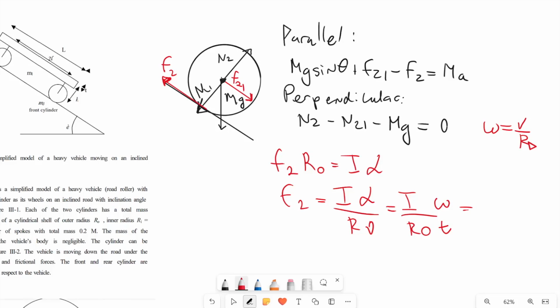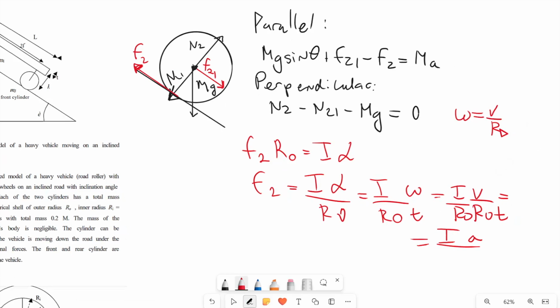We can also say that this is equal to I v over R naught t, and then a factor of R naught. So they've taken this to be I times the linear acceleration, divided by R naught squared, and that's just an alternative expression which is completely equivalent to this one here.